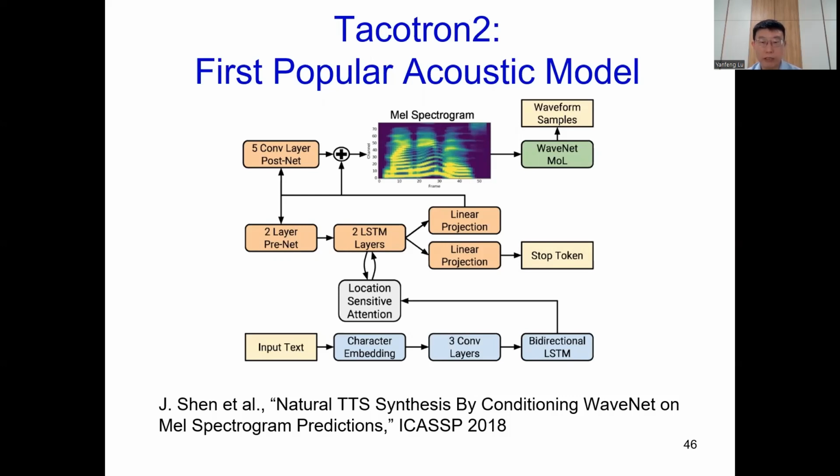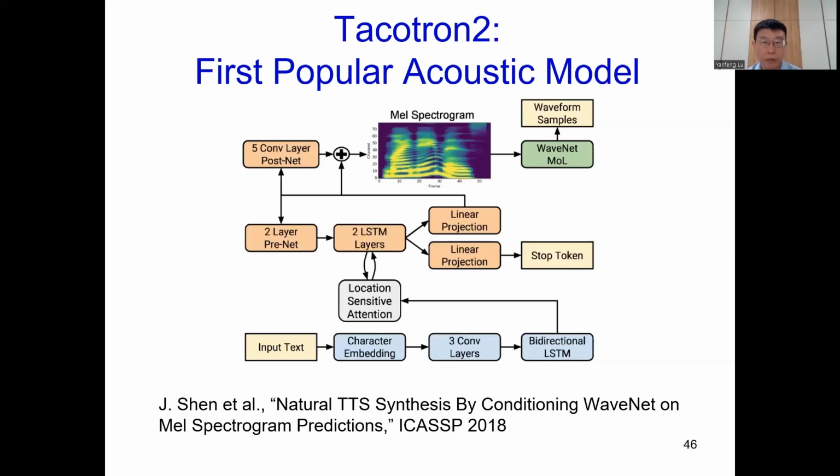It was invented in 2018. The structure of Tacotron 2 consists of mainly two parts. One is the encoder, which is colored light blue in this diagram. And the other one is the decoder, which is colored orange in this diagram.